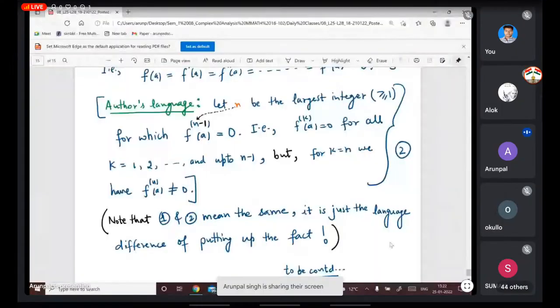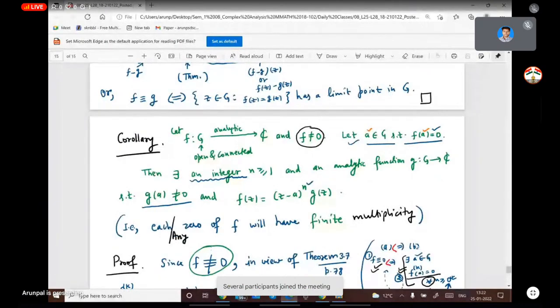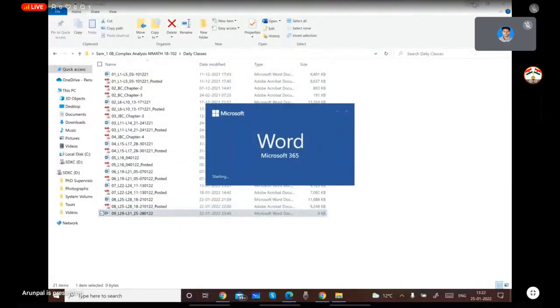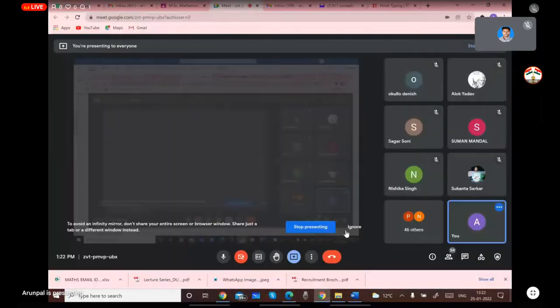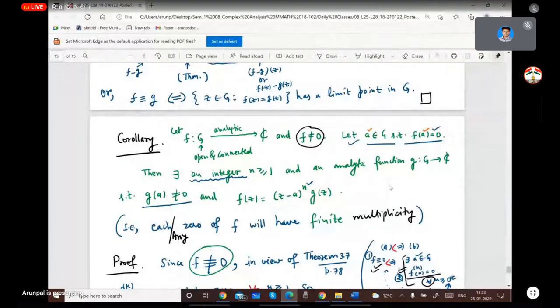If you remember, I started with this result that every zero of an analytic function has finite multiplicity. Class, can you see the screen?